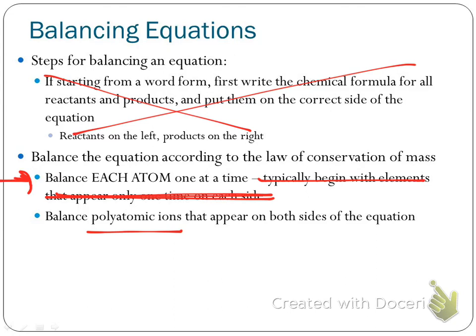And I'll show you that as we get going. But if phosphate goes from phosphate to phosphorus and oxygen on the right, you can't balance that as a whole. So that's something I'll point out as we go. It will always work to balance each atom one at a time, but if you can start combining some things to make it a little quicker, you can do that.